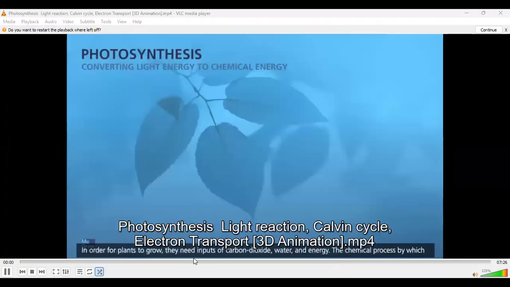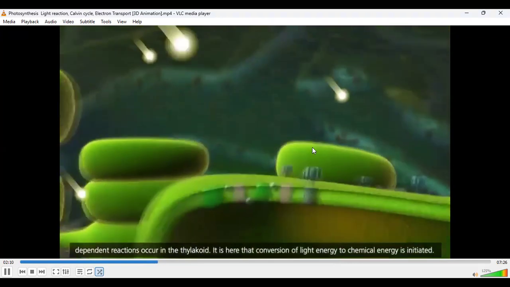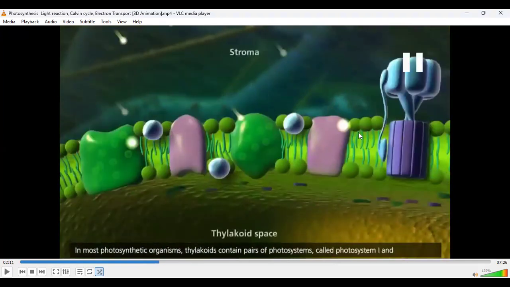In photosynthesis, the light-dependent reactions occur in the thylakoid. It is here that conversion of light energy to chemical energy is initiated. So, have you seen something like this before? The light-dependent reactions, remember? In the previous session.